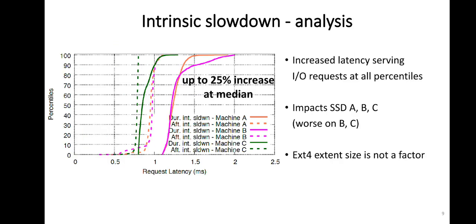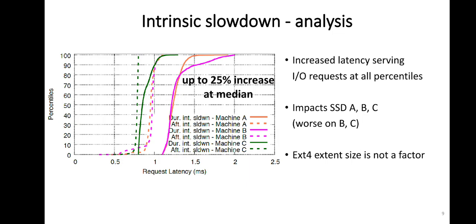We analyze the problem further, and we first look at I/O request latency. The plot here shows a CDF of request latency for the 3 different SSDs. The x-axis shows request latency for individual I/O requests in one HDFS block, while the y-axis shows percentiles. Dotted lines are for the I/O requests unaffected by the intrinsic slowdown, while solid lines are during the affected periods.